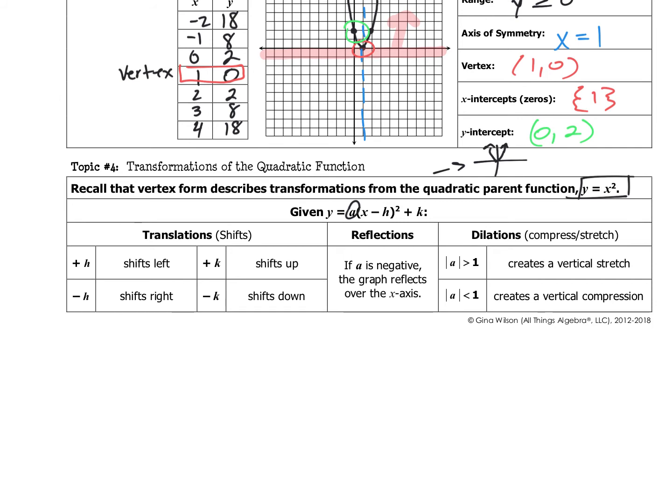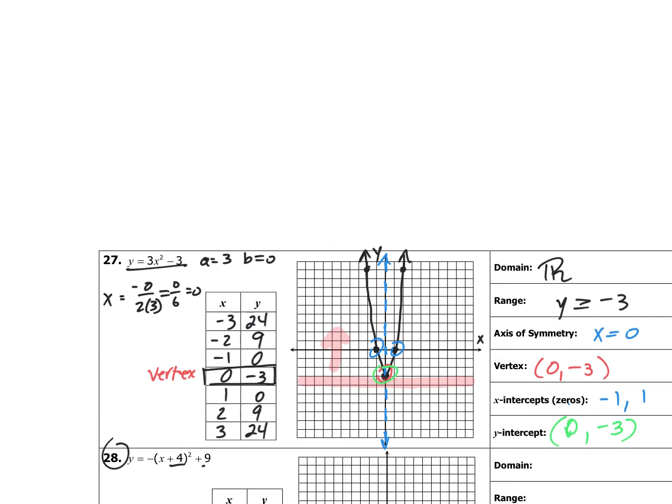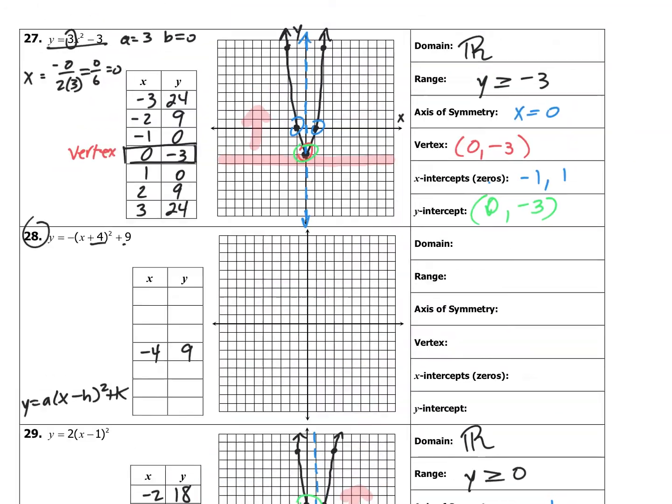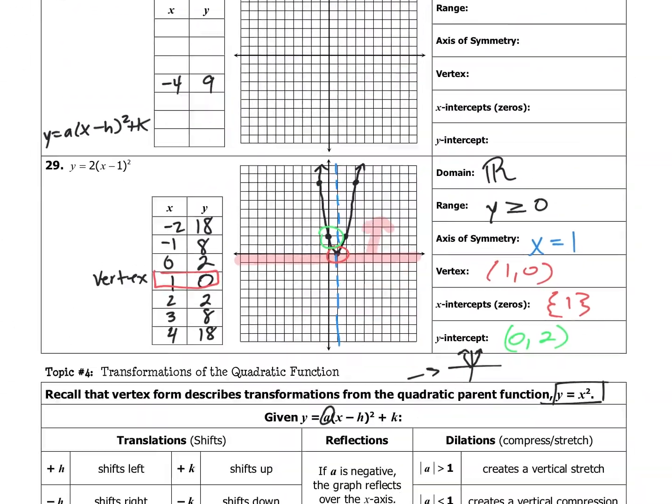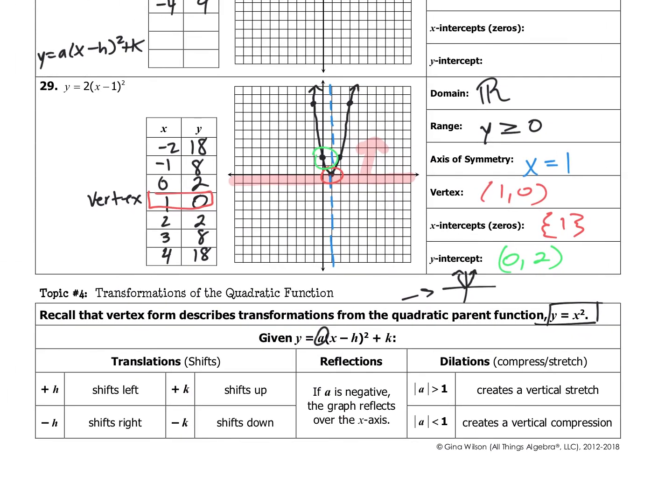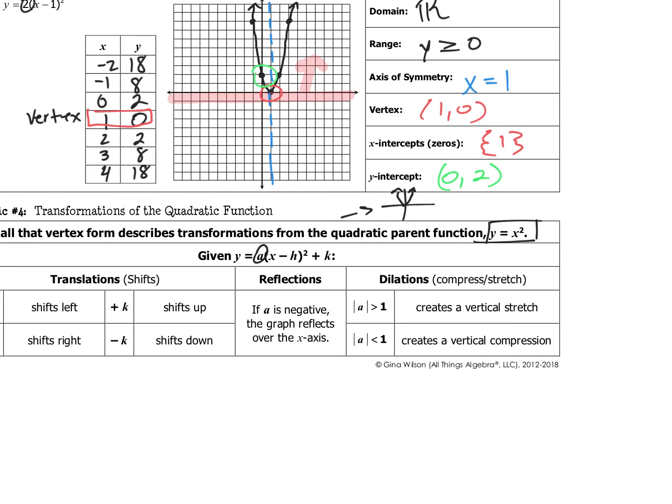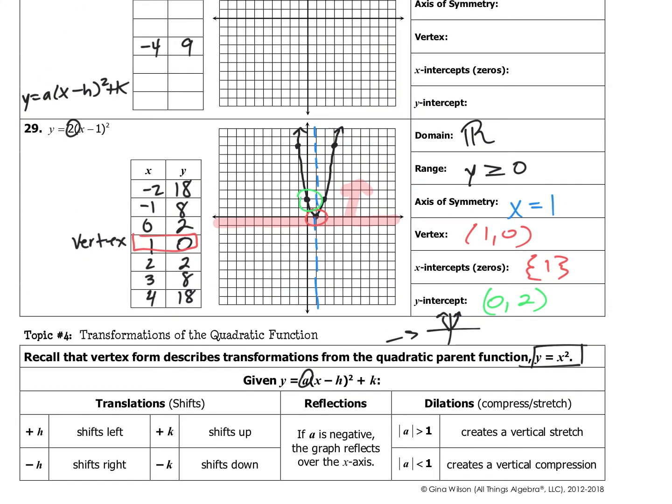And the A in front of the parentheses, if the absolute value is greater than 1, it creates a stretch. And that's why we saw this graph up here. See, A is 3. You saw how skinny that graph was. And even in 29, A was 2. So you see that's a little skinnier than some of the other ones we did. And then if it's less than 1, it's a compression.